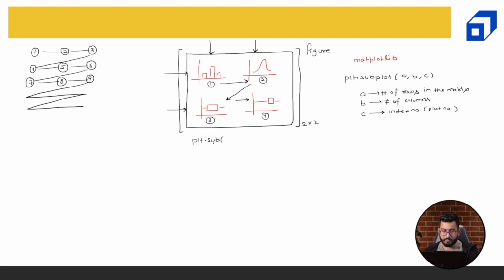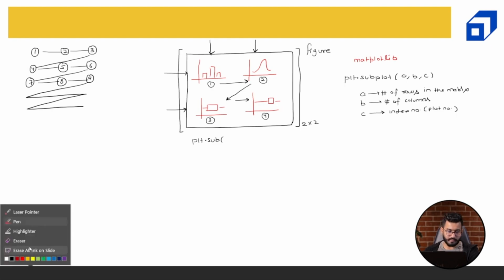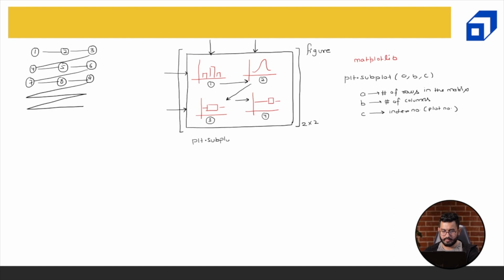Now we have to write plt.subplot and define the values of a, b and c. In subplot, a is going to be 2, b is going to be 2, and the plot number is 1. Below this, I will write the code for plot 1, which is sns.barplot, or whatever we want to plot. Then plt.subplot 2 row 2 column plot number 2.